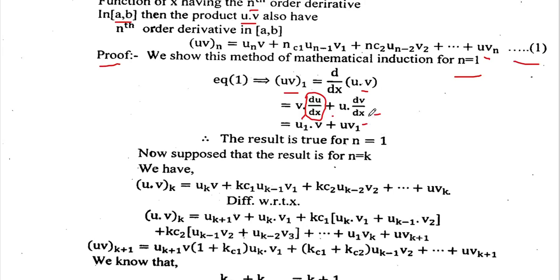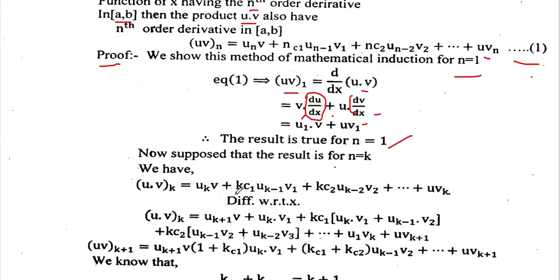So this is the notation of this term v1. Okay, so in this way we can write the first order derivative (uv)1 equal to u1 v plus u v1, means derivative of first function into second function plus first function into derivative of second function. Thus we can say that this result is true for n equal to 1.